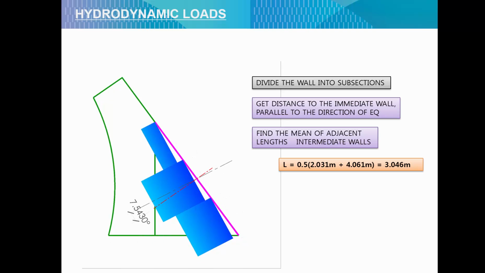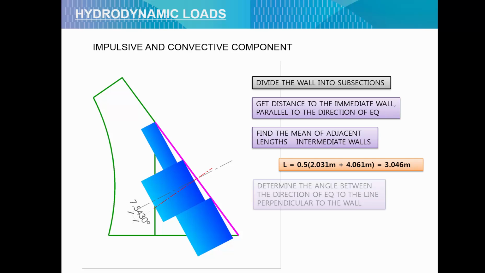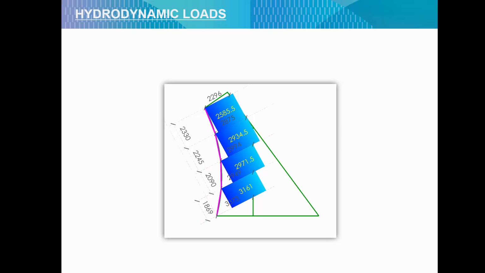So as you can see, the gray line shows the direction which is perpendicular to the wall, and the red line shows the direction of the excitation angle. So these two lines have an angle between them of 7.540 degrees. So we're going to use this angle to determine the actual pressure that is applied to the wall. So we're going to do this for all the walls. What did I do for the curved wall?